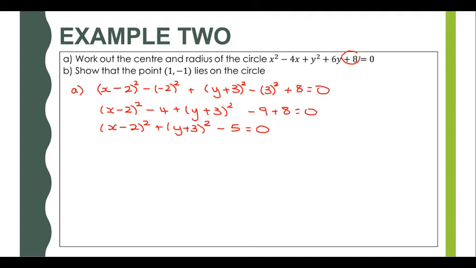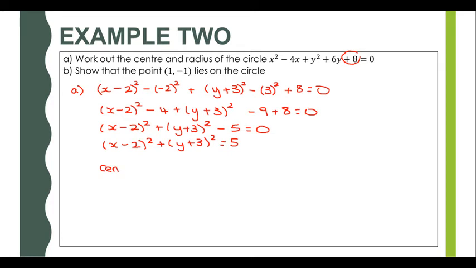And we need the 5 on the other side, so it's in the form of the equation of a circle. So x minus 2 squared plus y plus 3 squared is equal to 5.